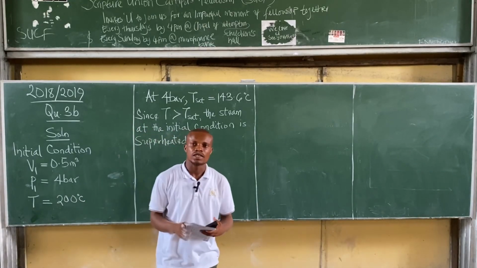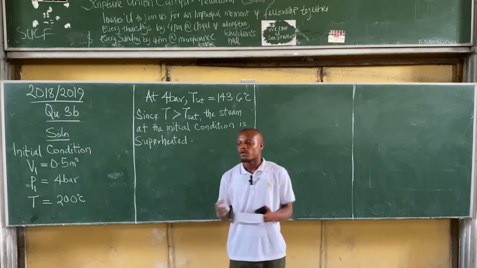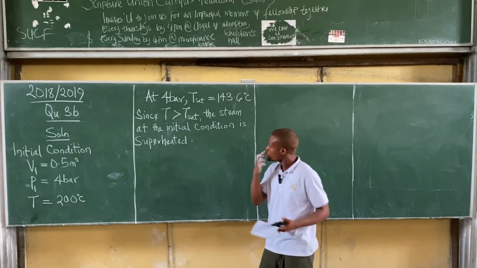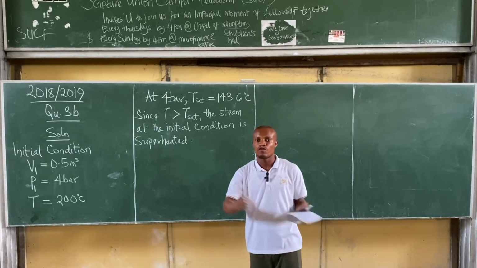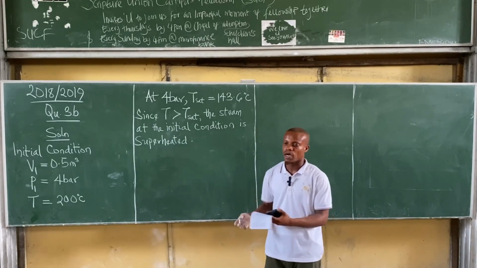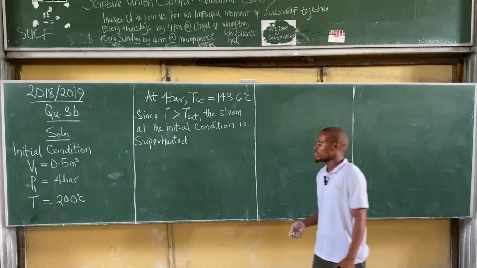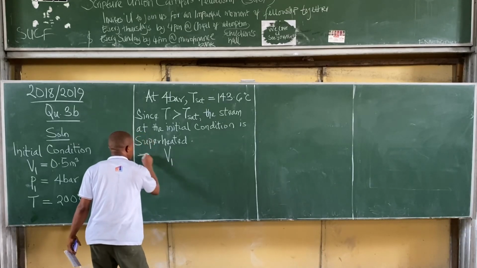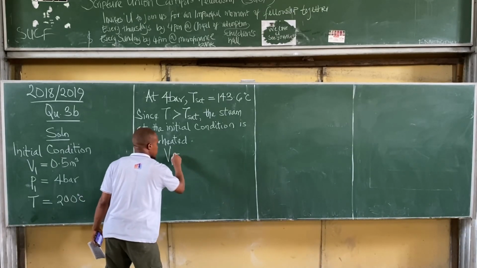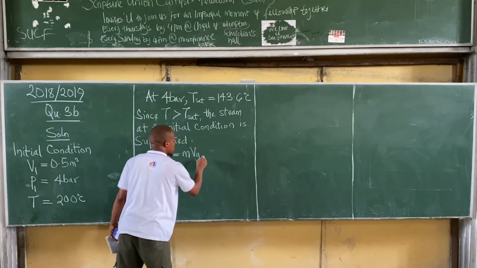Okay, next we know that since it is a superheated steam, we now move over to our superheated steam table, and in calculating the volume for a superheated steam, we have that V1 is given as mass times Vg1, right?